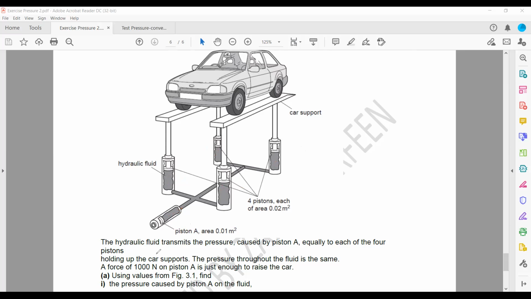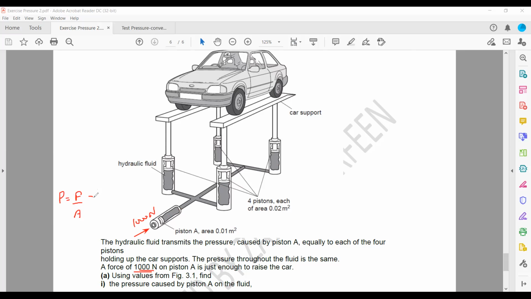So in this example, a force of 1000 Newton is applied. What is the pressure caused by piston A on the fluid? We have the formula, pressure is force divided by area.